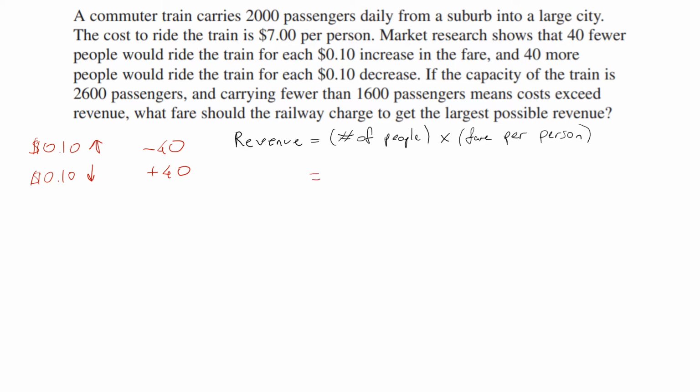Starting with the number of people and how I can represent that: from the problem, I have 2,000 passengers daily. So I can put that as a constant, because no matter what, I know I have 2,000 people with no change. The only thing that changes in terms of passengers is what's given right here, because depending on what I charge for the fare, the number of people that use the commuter train differs.